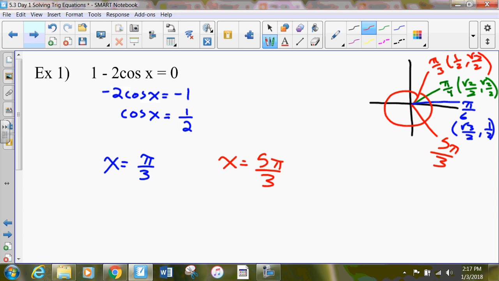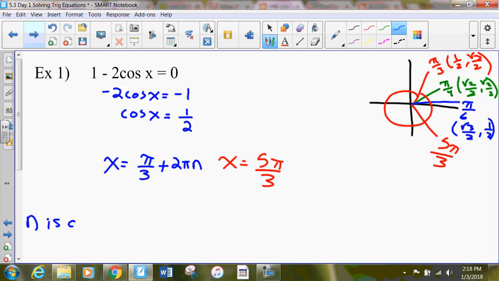So instead of writing 7 pi over 3 and then 13 pi over 3 and keep adding 2 pi to it, we can cover all those angles by saying pi over 3 plus 2 pi n, where n is an integer.